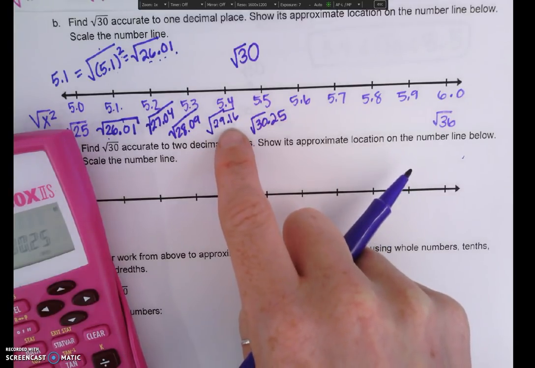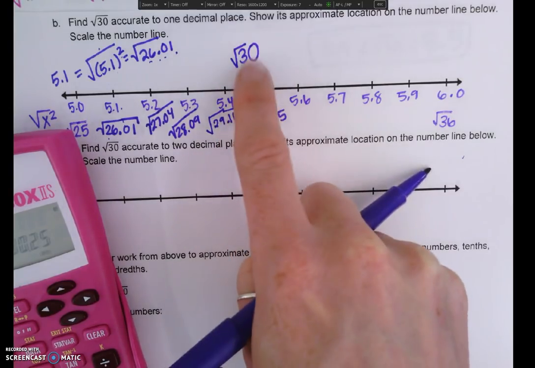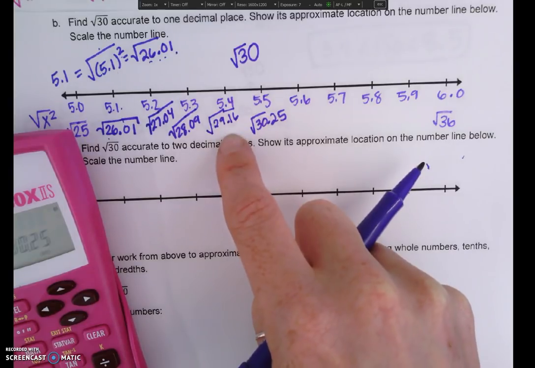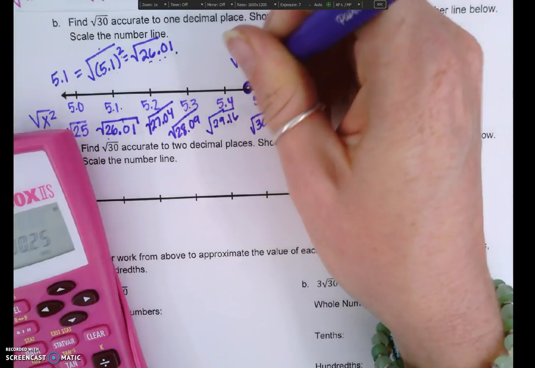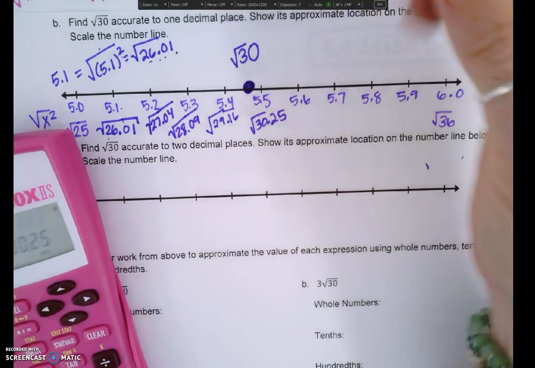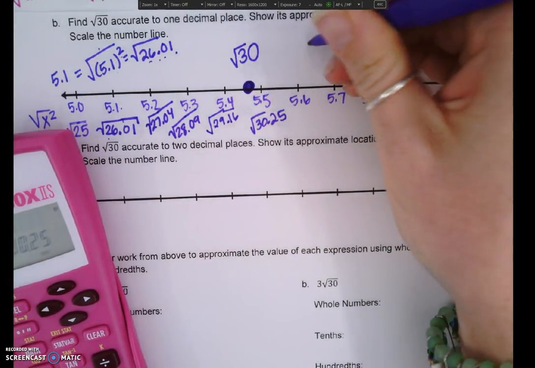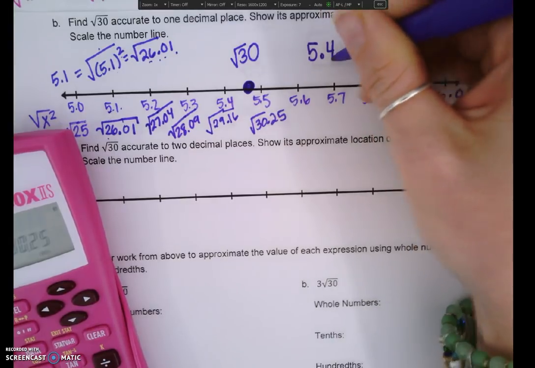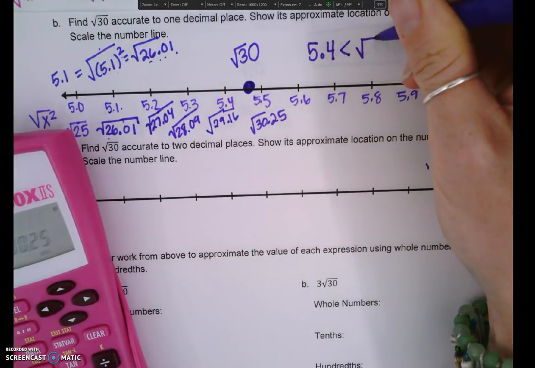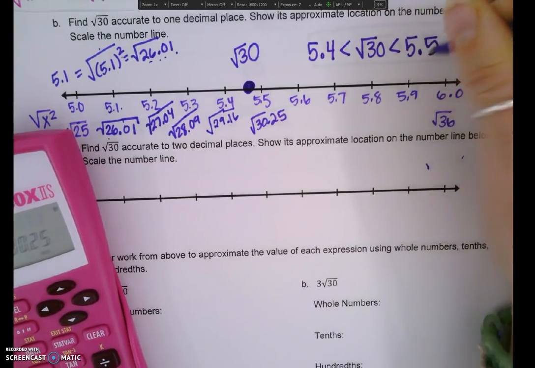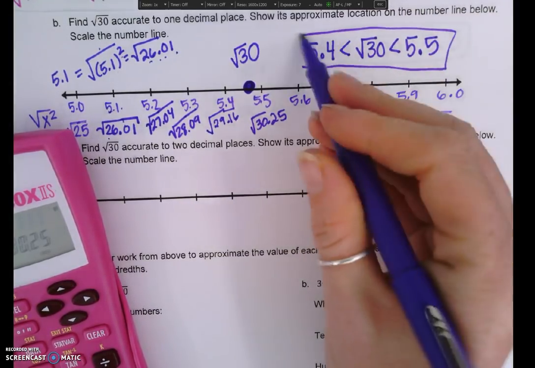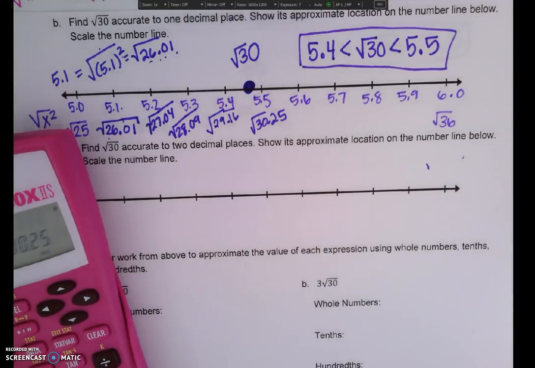And it's about 0.84 more than 29.16. So that means it's slightly closer to 5.5. So I'm going to say that 5.4 is less than radical 30, which is less than 5.5. That's my approximation to the nearest tenth.